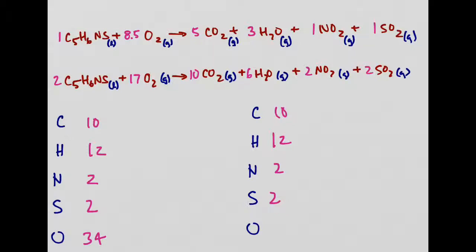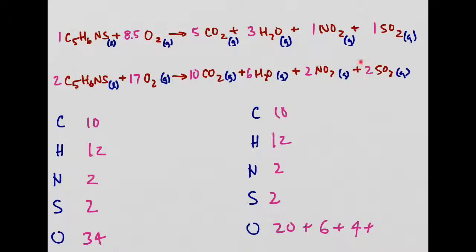And then let's carefully count up all the oxygens we have here. So we have 10 times 2, right? There's 20. Plus, we have 6 times 1, which is an additional 6. Then we have 2 times the 2 that are here, or 4.